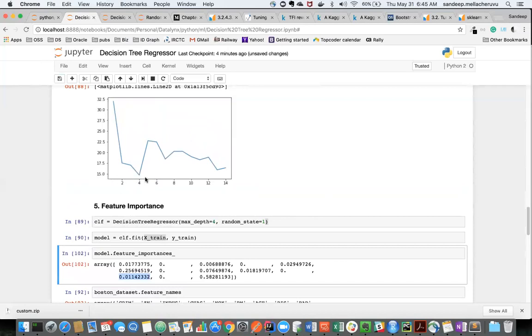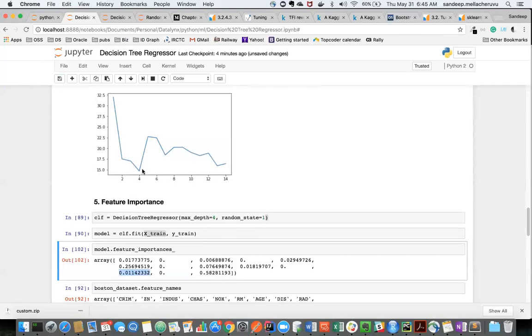Let's say currently it is 15. It should not go beyond, let's say, 20 or 30. It should not suddenly go up. As long as it is nearby to this value, you are fine.